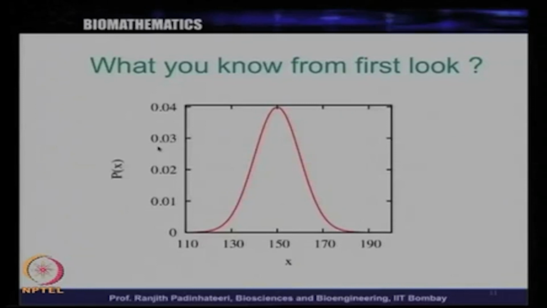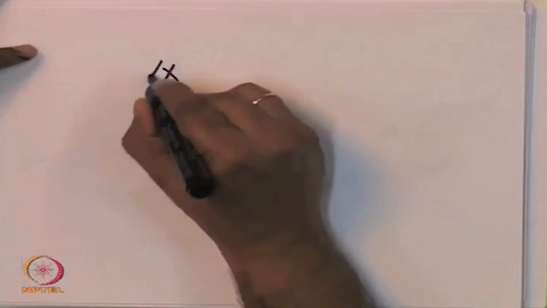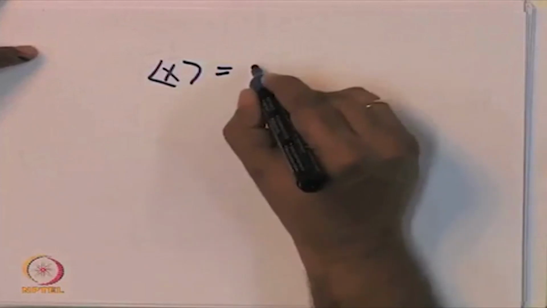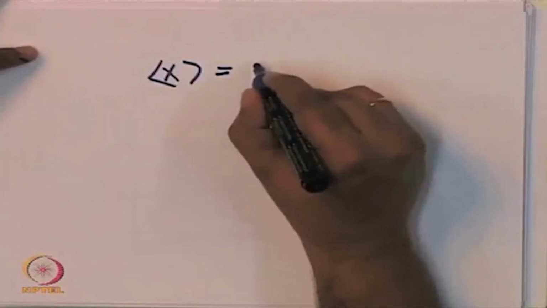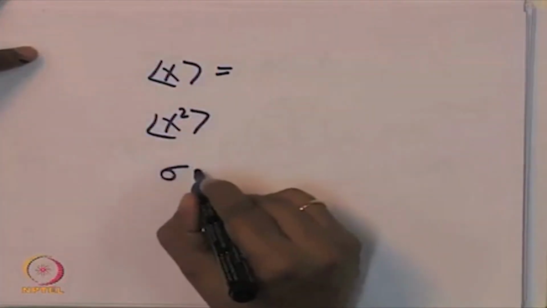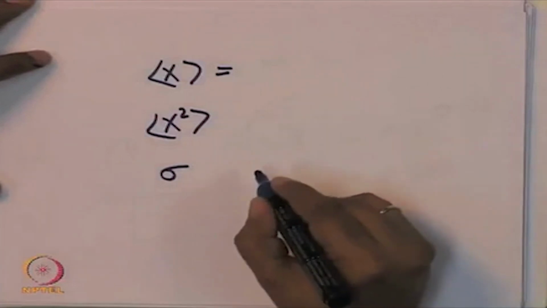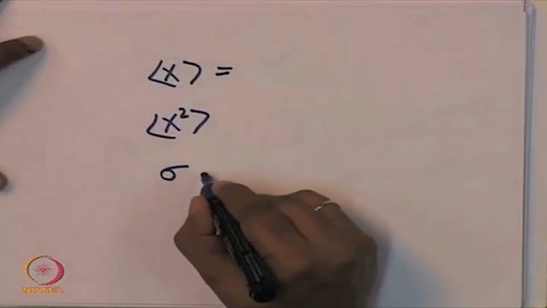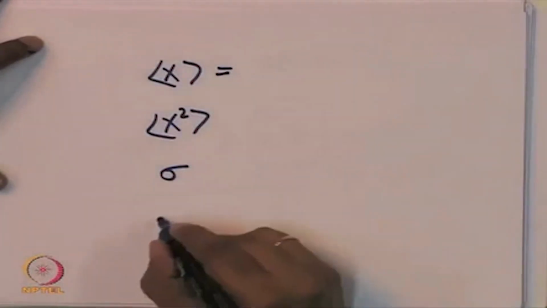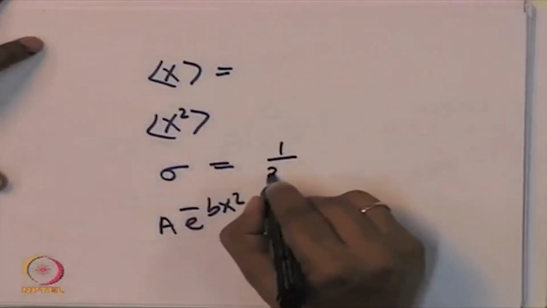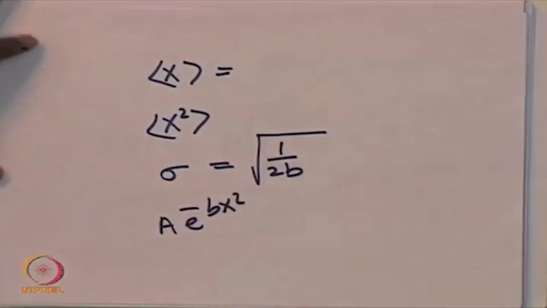So, to summarize, what did we learn? We learned how to calculate x average, how to calculate x square average, and how to calculate sigma. If you have a Gaussian function of the form a e power minus b x square, sigma is 1 over 2 b square root.